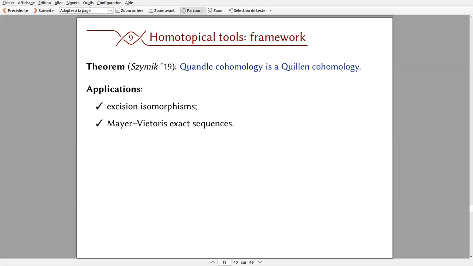But this is just to give a general framework. I think it will be more understandable on the particular example I will look at. Okay. So just to say that quandle homology has some completely homotopical interpretation. Yeah, that is the message of this slide. Now, thank you very much for the questions.